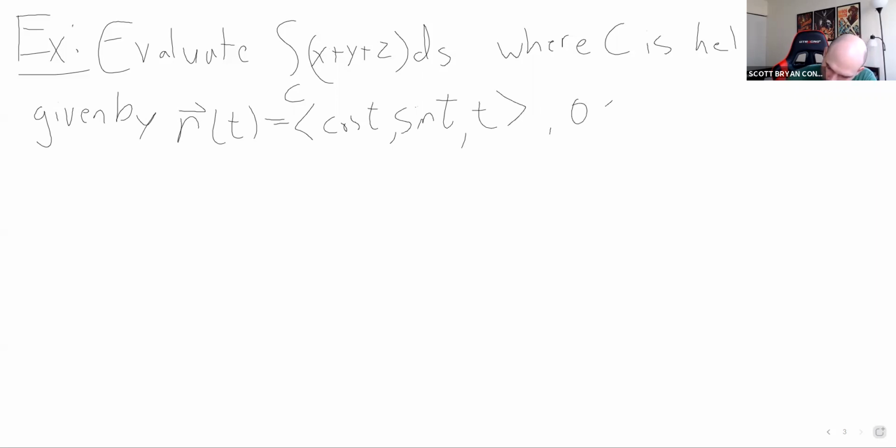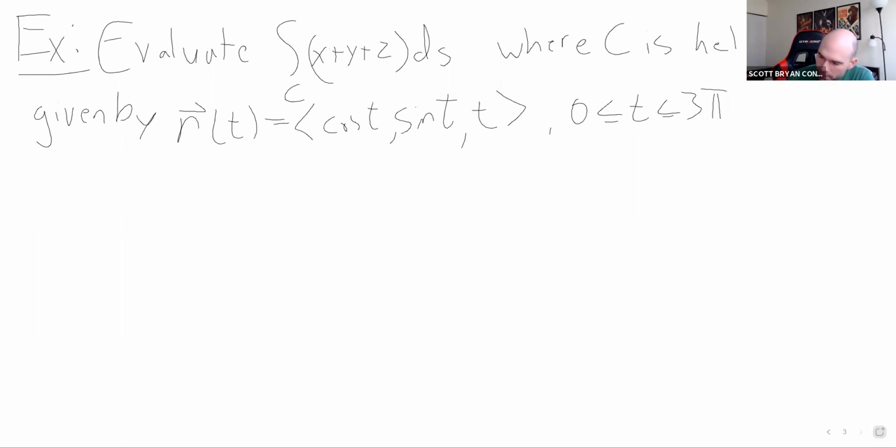And then t is going to go from 0 to 3 pi. Okay. So we already have a parameterization, so that part's taken care of for us.